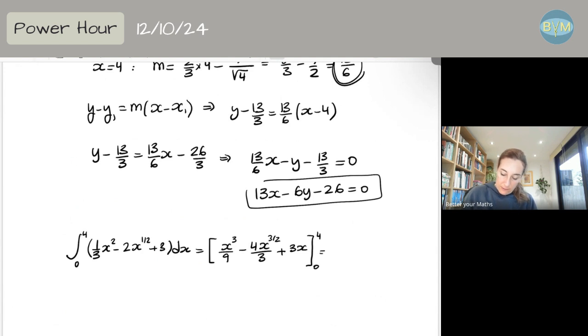So when I substitute the 4, I have 4 cubed over 9 minus 4 times 4^(3/2) over 3 plus 3 times 4, and then minus 0. It's worth it to write the minus 0, so they see that you know and you just haven't forgotten.